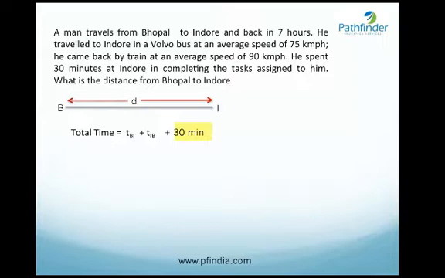Now, if you see this equation, we can replace time, that is TBI plus TIB, by distance divided by speed. Let us do that. Total time TBI is equal to D by 75 because the speed of going to Indore was 75 kilometers per hour, plus TIB, that is D by 90.